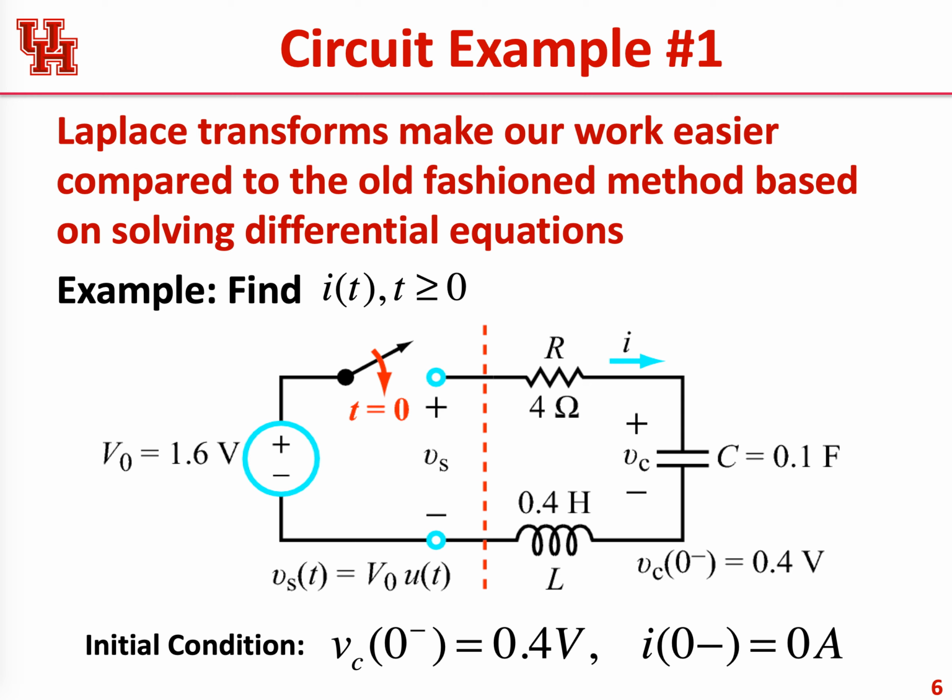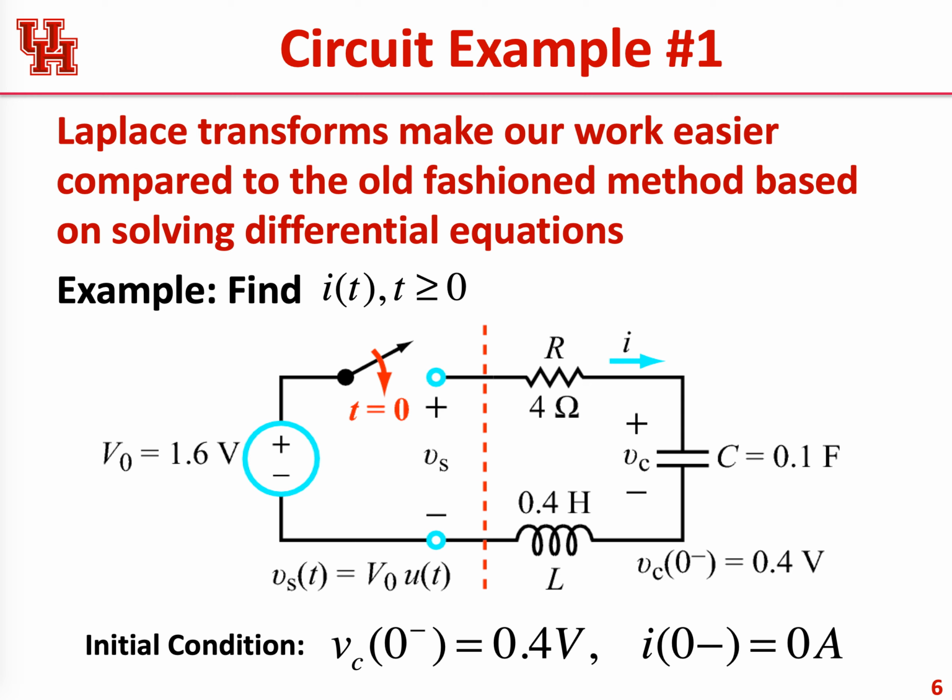And then this capacitor has an initial voltage of 0.4 volts, so we have to have an initial voltage source here whose value is going to be 0.4 volts divided by S. Remember, this appears kind of like a step function for all intents and purposes.